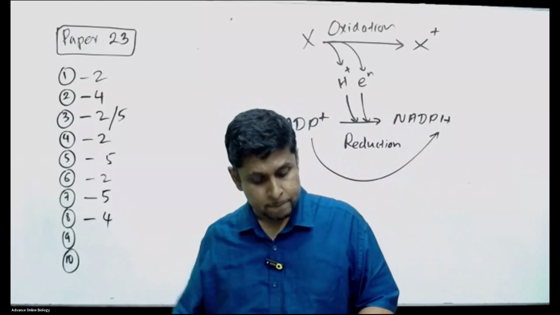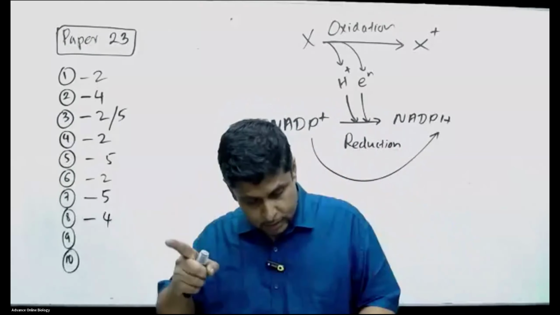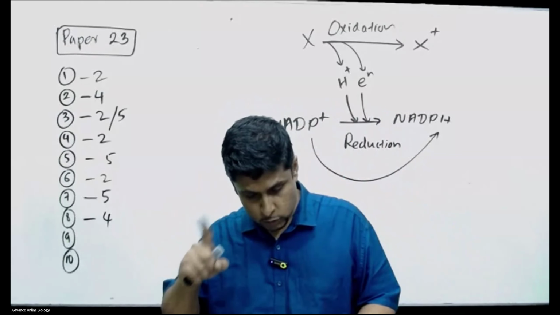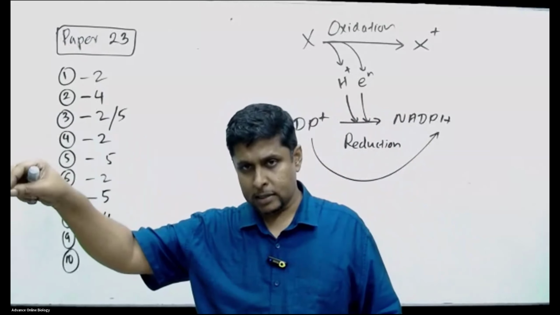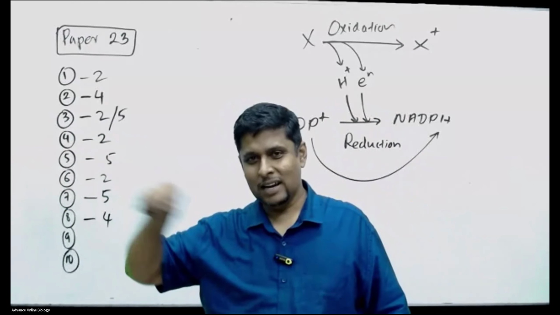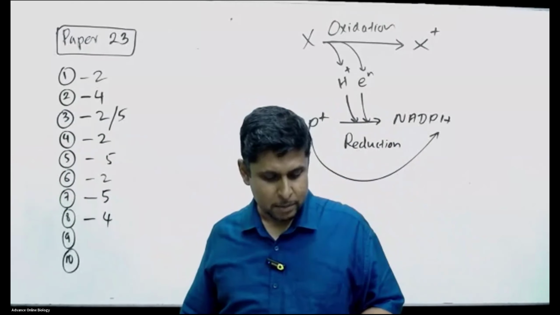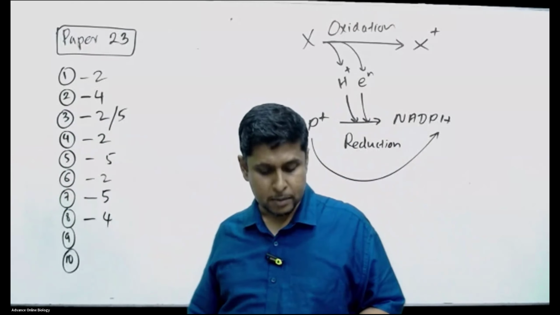Check those points, people. How do you say that the land plants and chlorophytes are related? I'm taking the presence of chlorophyll a and b pigments.